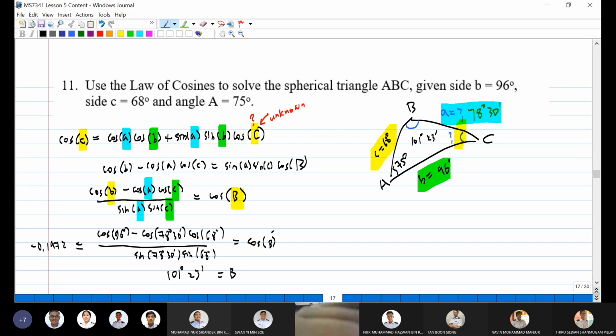So change a little bit here. So this B now, C now, this A and B. Okay, so this angle C.